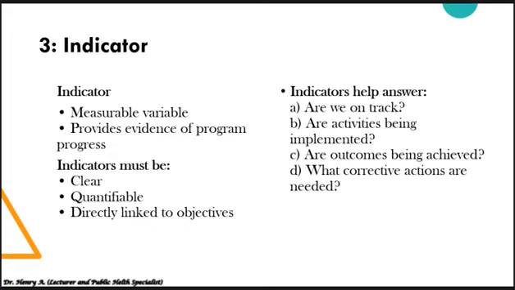So indicators actually help managers to be able to answer the following questions. Are we on track? Are the activities being implemented? Are the outcomes being achieved? What corrective actions are needed? So these are very important findings that indicators will help us answer.